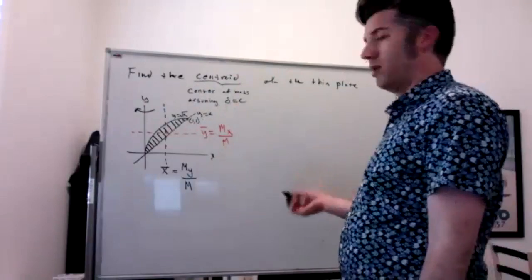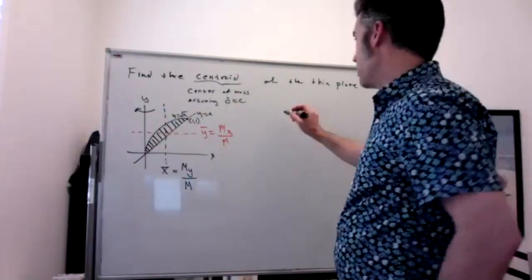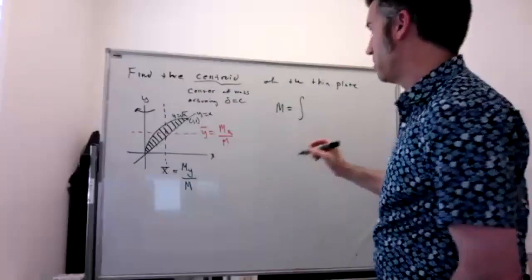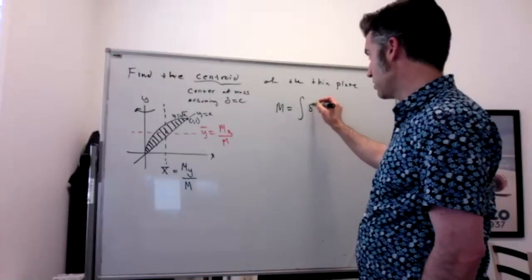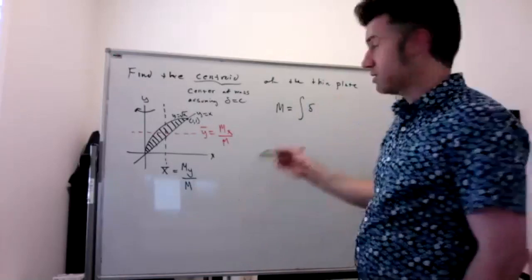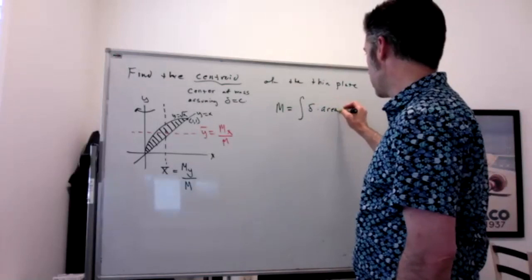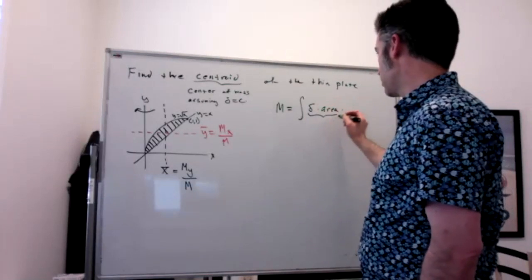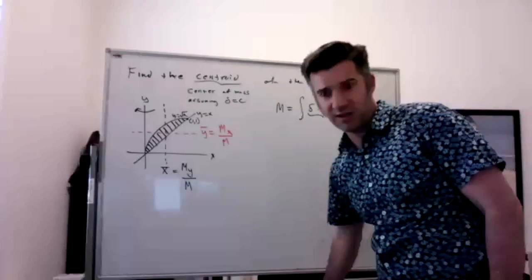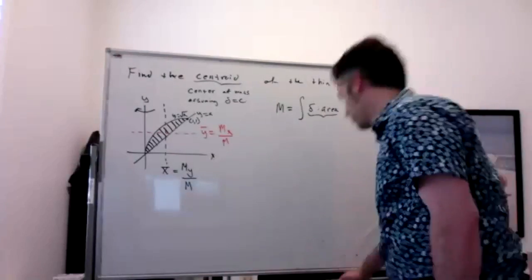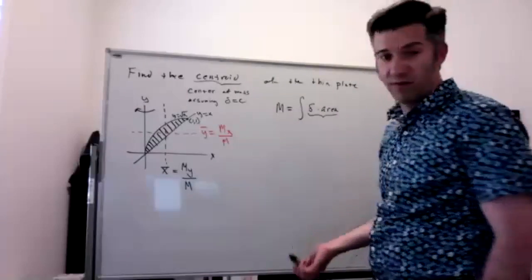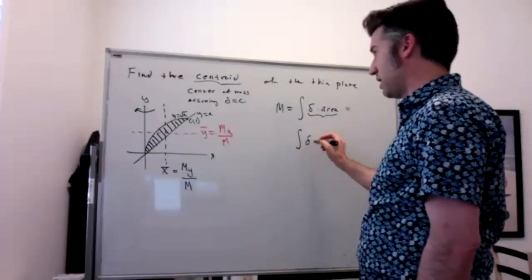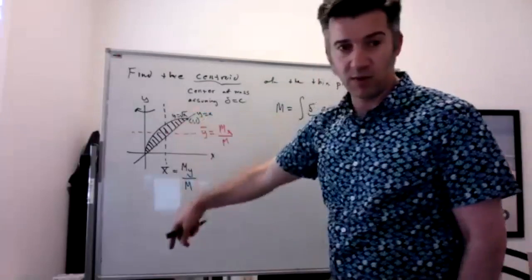Okay, so let's find all the things. The mass is going to be the integral of the density, which is constant, times the area. In this case, it's the integral of the density times the area of a strip.